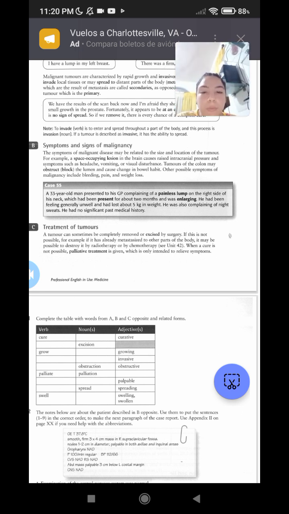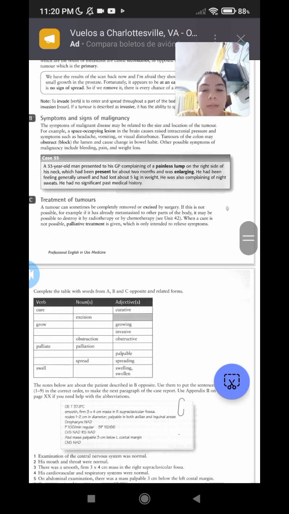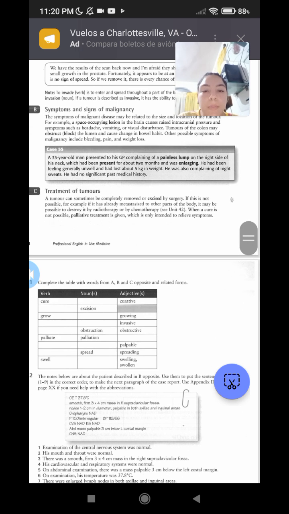Treatment of tumors. A tumor can sometimes be completely removed or excised by surgery. If this is not possible, for example if it has metastasized to other parts of the body, it may be possible to destroy it by radiotherapy or chemotherapy.